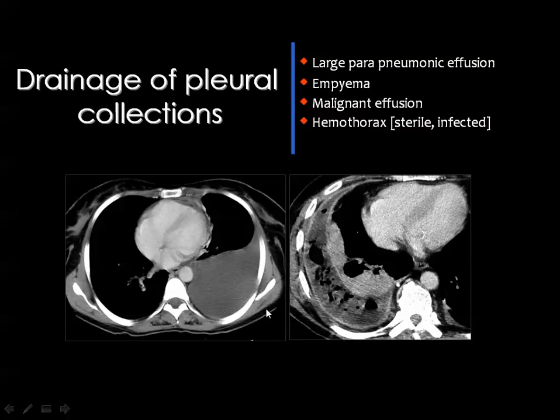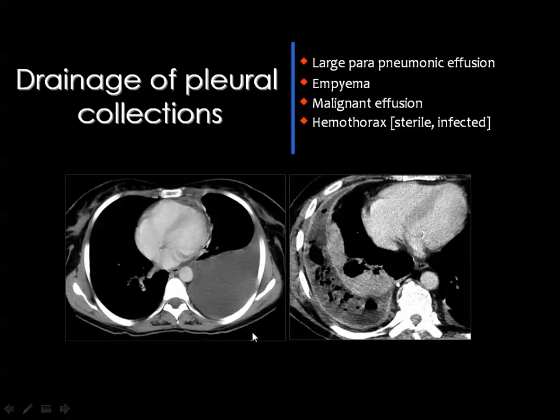And sometimes we may be asked to drain some of the pleural collection in a patient with a very bad general condition who cannot tolerate the insertion of an intercostal tube.